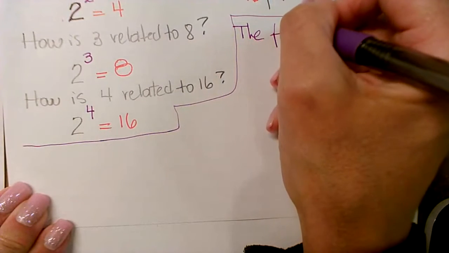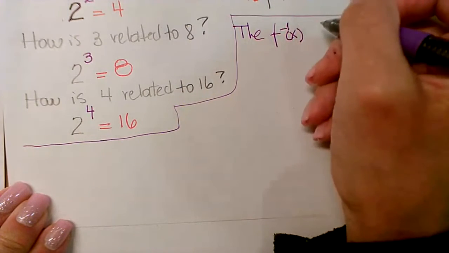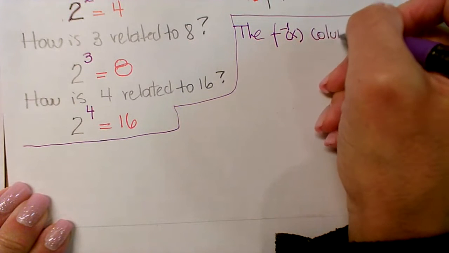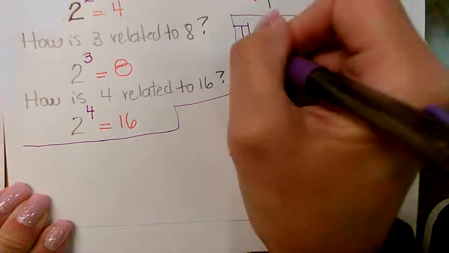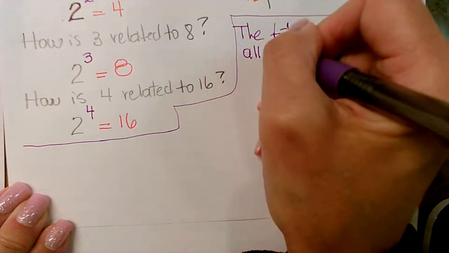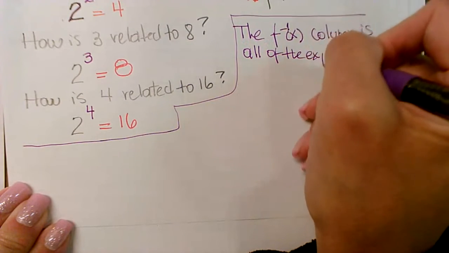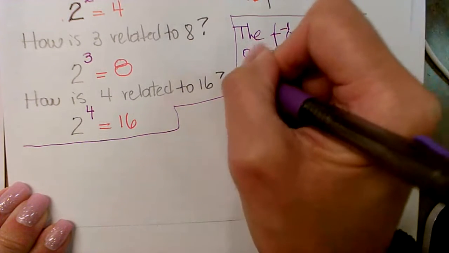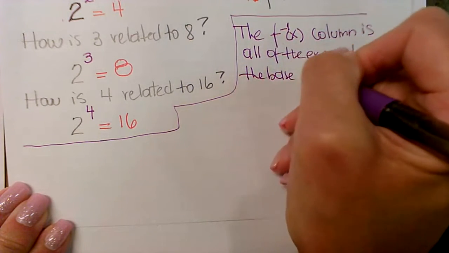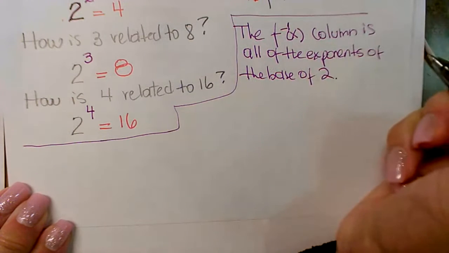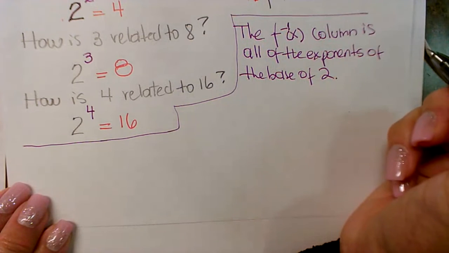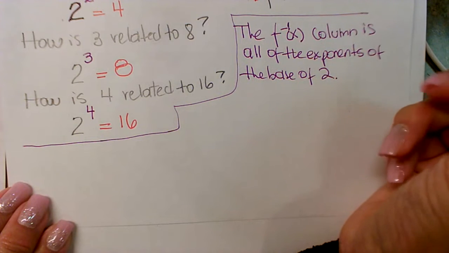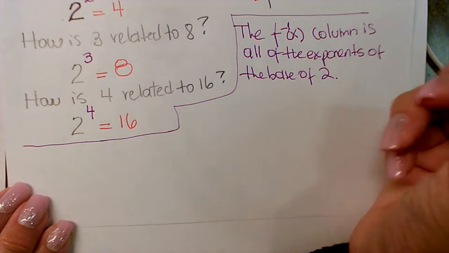The inverse column is all the exponents of the base of 2. And this kind of relationship is the definition of logarithmic functions. Okay?